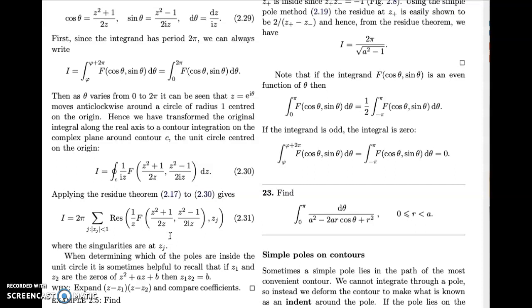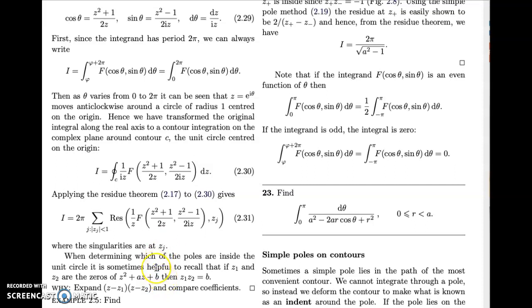With the rectangular contour, it's generally fairly obvious where the singularities are, because we need to know where they are first before we choose the height of the rectangle. In this case, we always choose the same contour. We have to find where the singularities are and which ones are inside the contour.